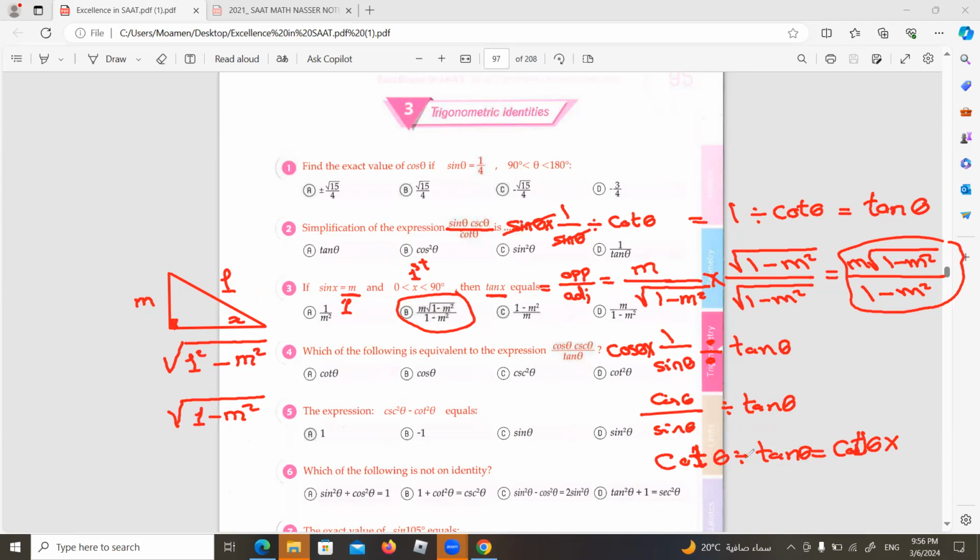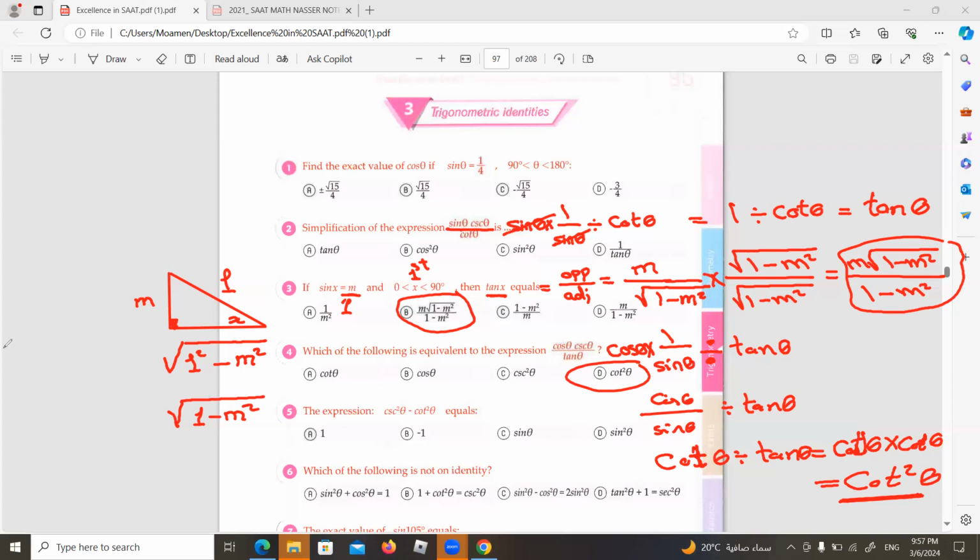I change divide into multiply and take the reciprocal. So cotan times cotan means cotan square theta. So the result will be cotan square theta. This is the result of number 4.